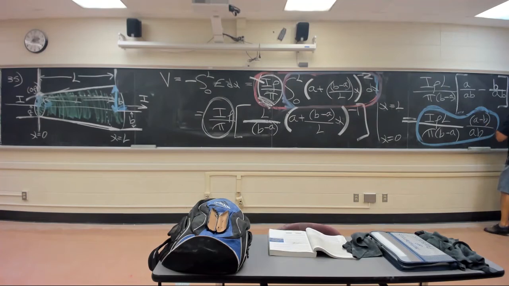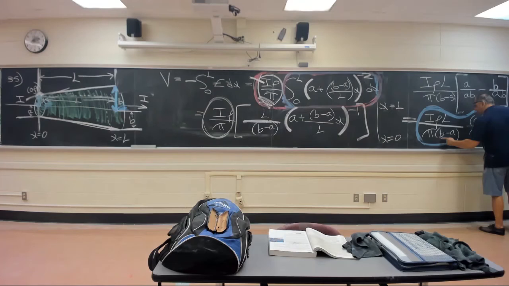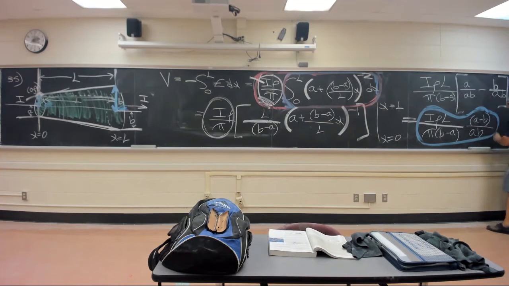A minus b, it's like 3 minus 10 is negative 7. And this is like 10 minus 3, which is positive 7. Negative 7 divided by positive 7 is negative 1. A minus b is opposite in sign, but exact same size in terms of magnitude as b minus a.